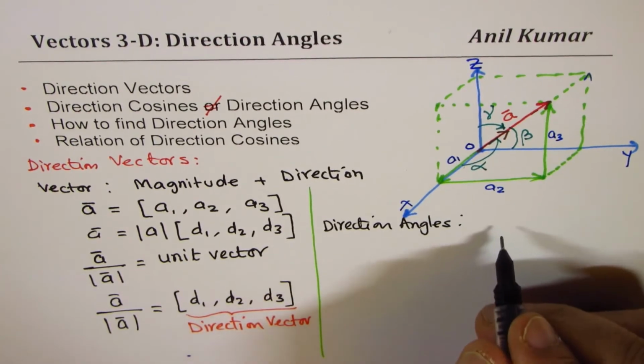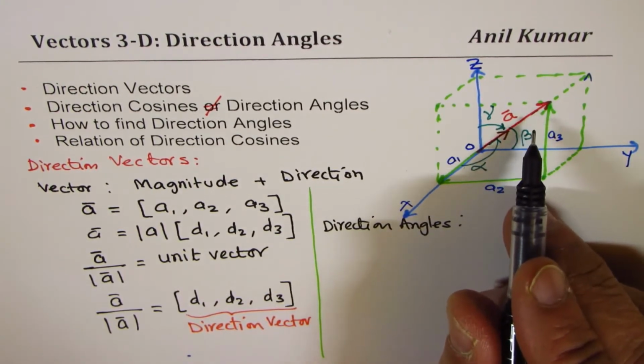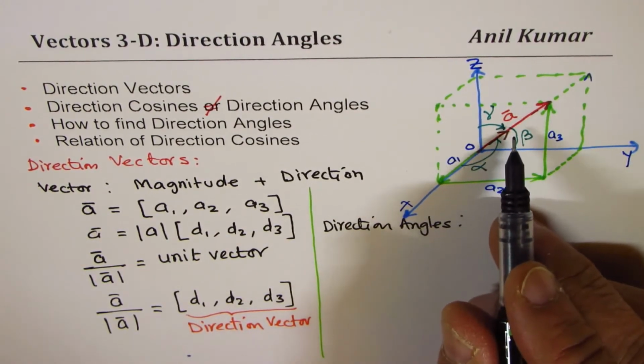Direction angles are valid only for a non-zero vector. That's important, right? It should have some magnitude.